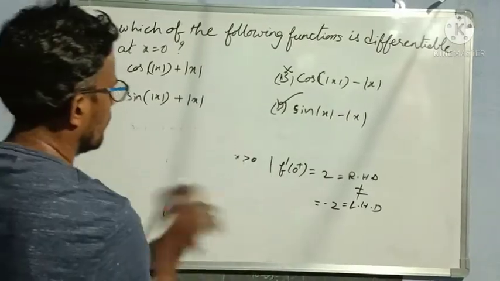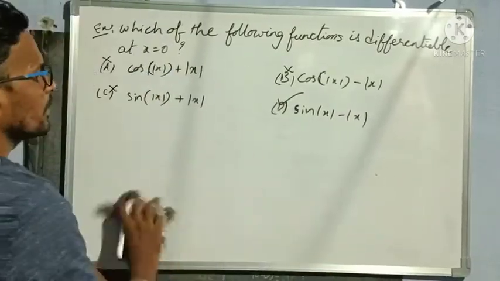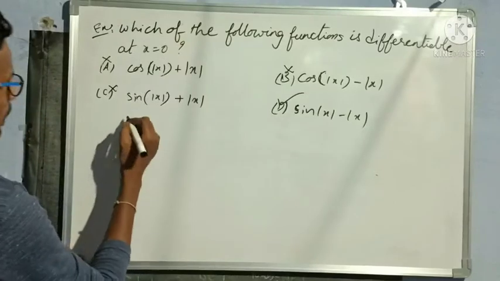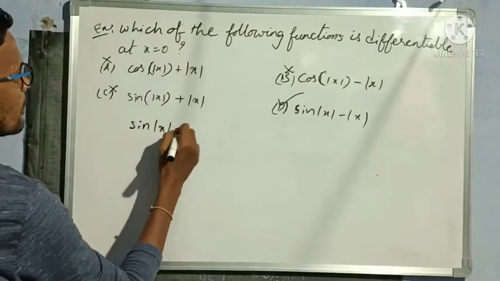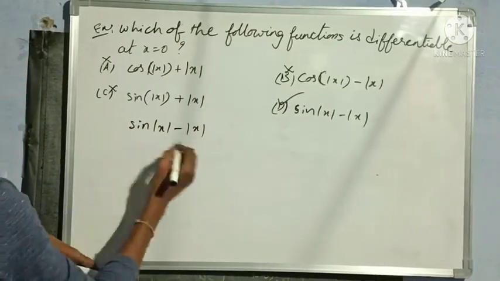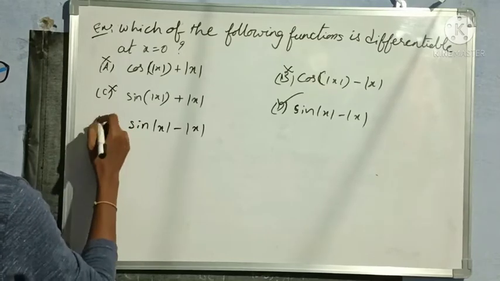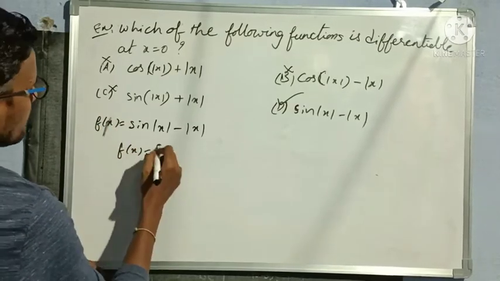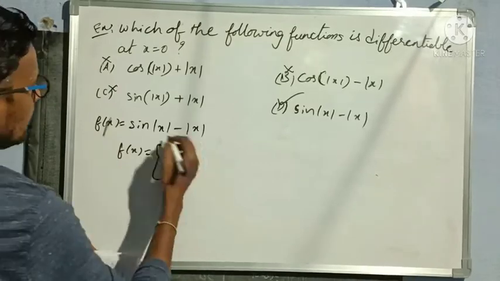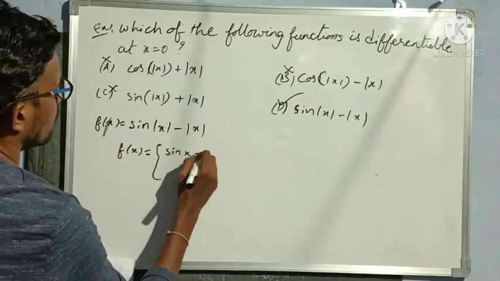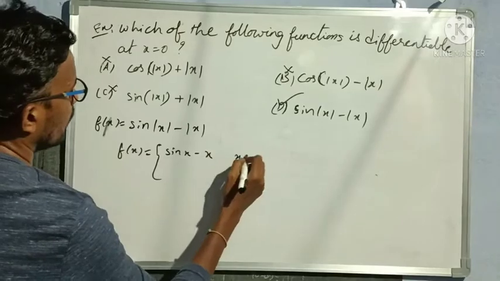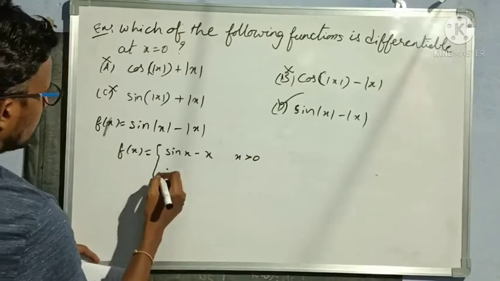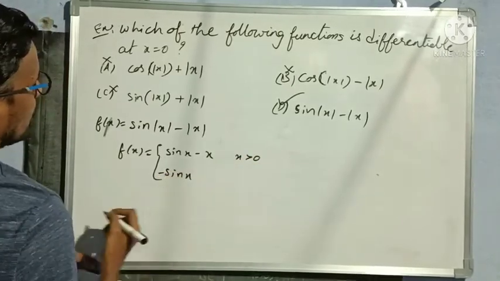Just 2 minutes. So sin of mod x minus mod x. So f of x is equal to, again the same I am writing without mod. Why? Because I hate mod, I don't want mod here. So I am writing sin x minus x when x greater than 0, and here minus sin x plus x.